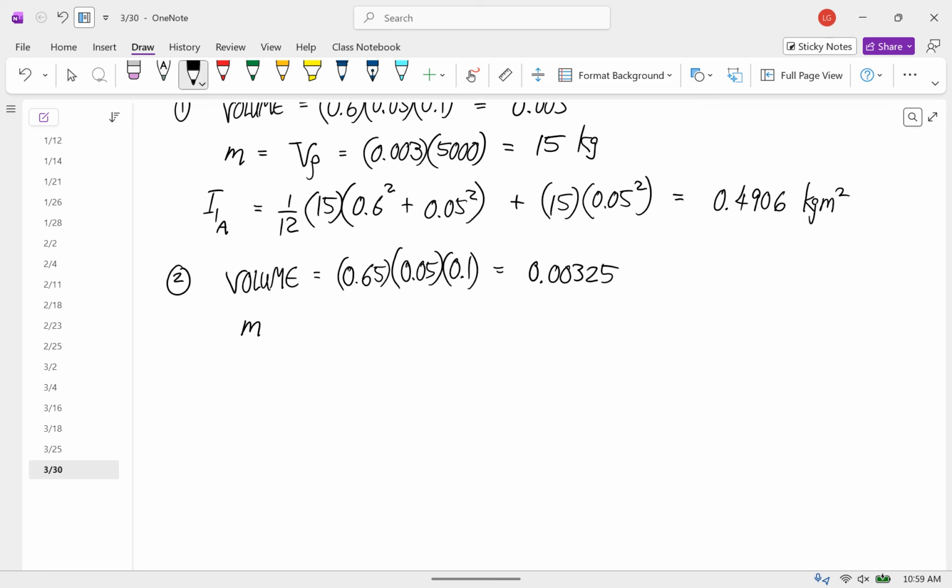And so the mass is the volume times the density, 0.00325 times 5,000. So 16.25.